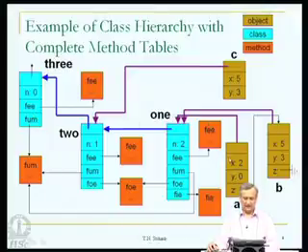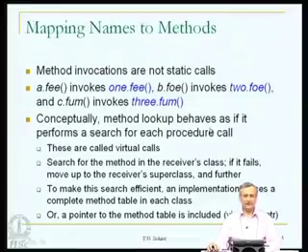So, let us see with this scenario how things work. It should be made clear that method invocations are not static calls. In other words, when we write A dot phi, we do not know which method is being called. In this particular case, when we say A dot phi, it invokes 1 dot phi.